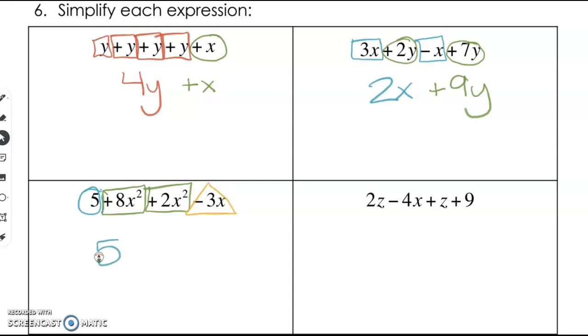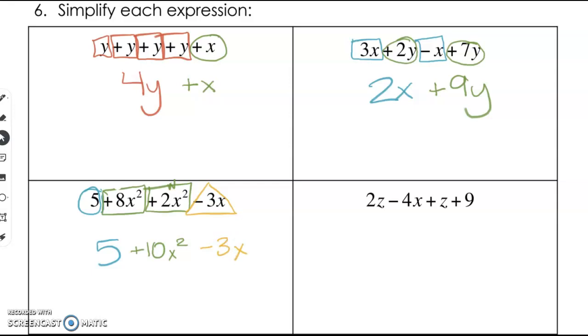Then I have 8x squared plus 2x squared. So that means that I'm going to add those two numbers together, which gives me 10x squared. Then I have only minus 3x, and that is my term that I combine.